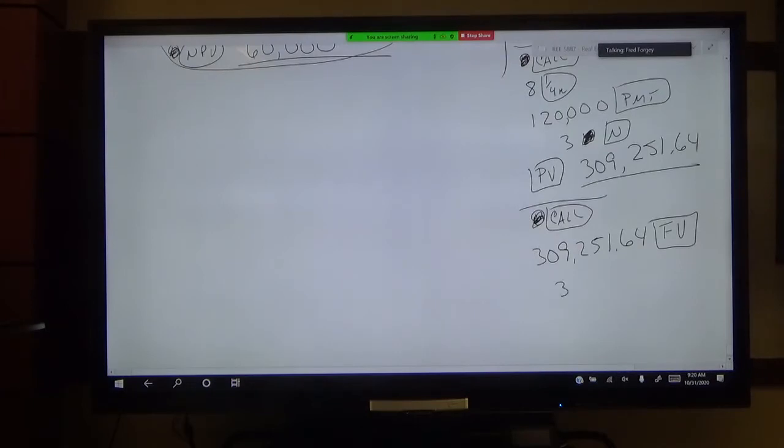We're going to put in 3 as our term because it needs to go back 3 more periods. This is sort of additional. Now it just happens to be the same as the original. This is in addition. This is to get it back to time period 0. And we have to put in our 8% discount rate, then solve for present value. Okay?